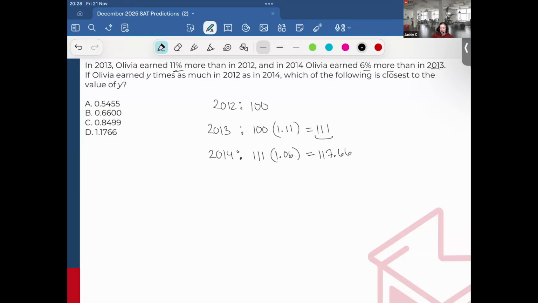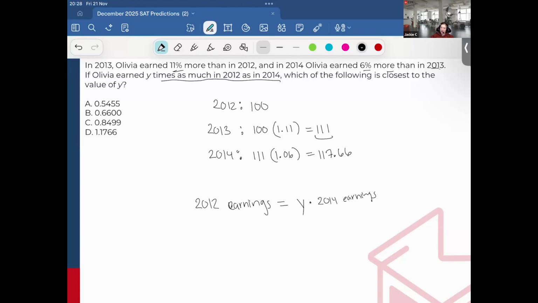And then it says, if Olivia earned y times as much in 2012 as 2014. Okay, so imagine Olivia's 2012 earnings is equal to y times as much as in 2014. So y times 2014 earnings.